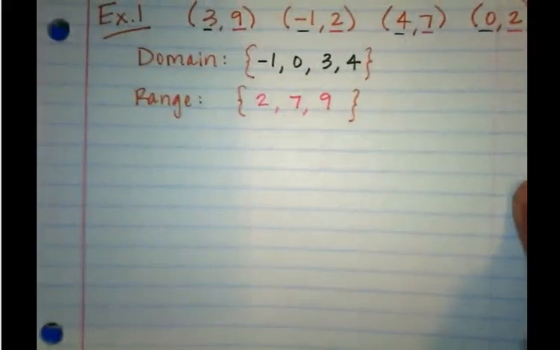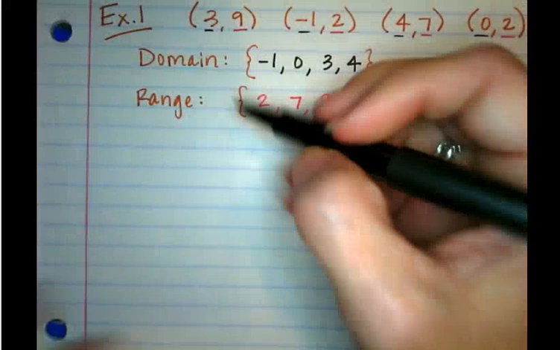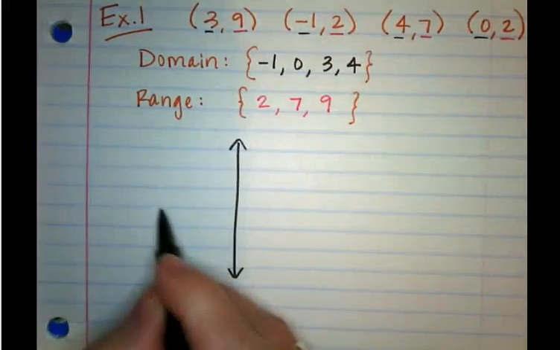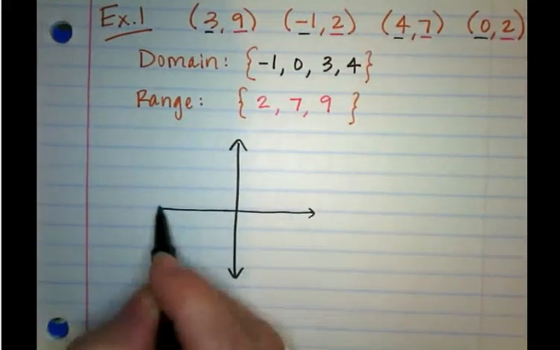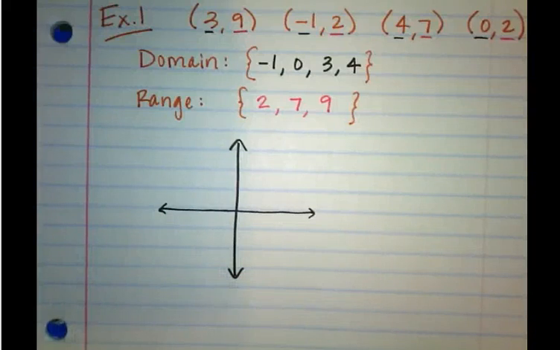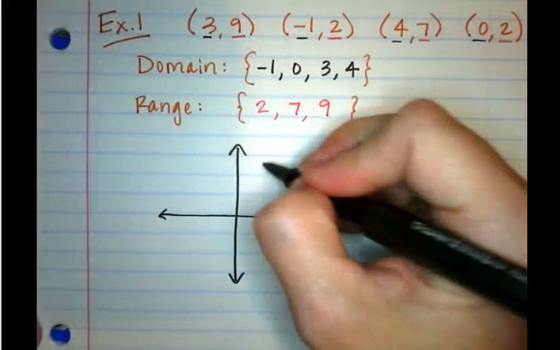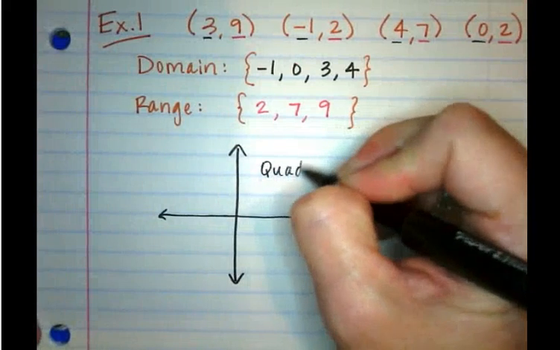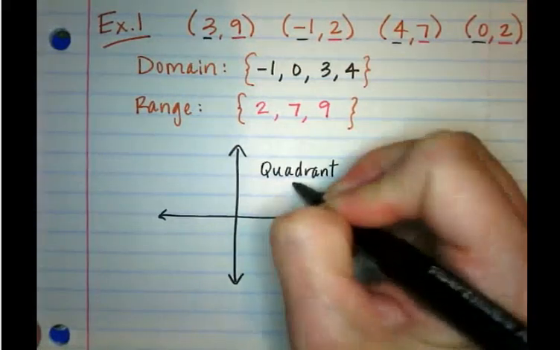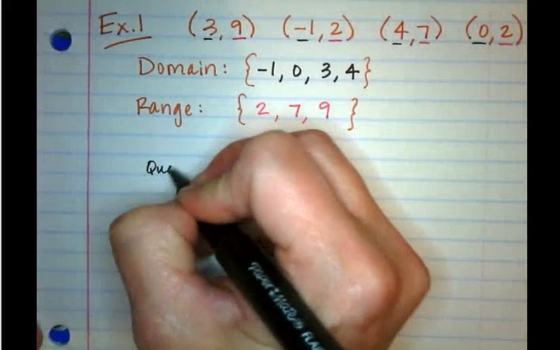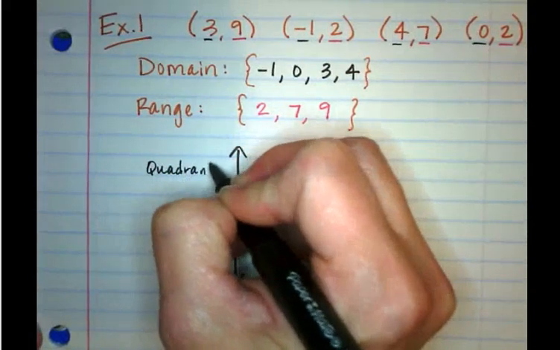Now I mentioned graphing just a minute ago, and the only thing I want to review is the 4 quadrants. So when we have our X and Y axis, this is split into 4 parts. We name them with Roman numerals, and this is quadrant 1. This over here is quadrant 2.